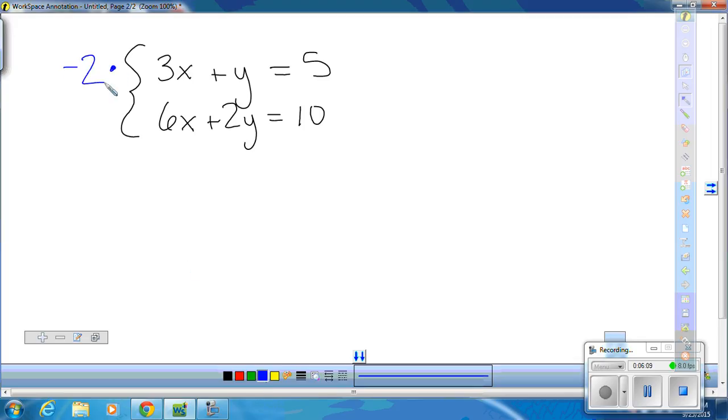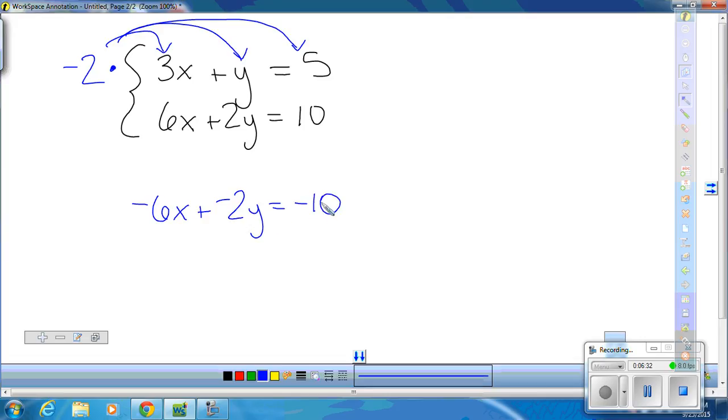The thing we have to remember is that if we multiply one part of an equation by a number, we have to distribute it and multiply the entire equation by negative 2. So I want to take this negative 2 and I want to distribute it to all three of these. So that's going to become negative 6x plus negative 2y is equal to negative 10.